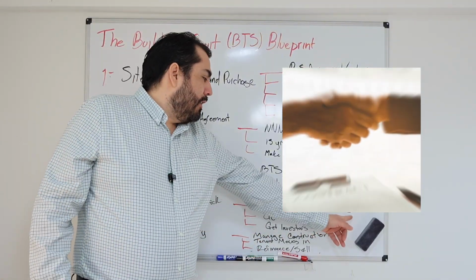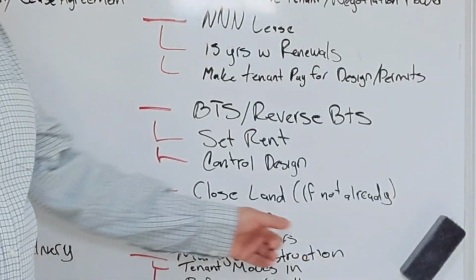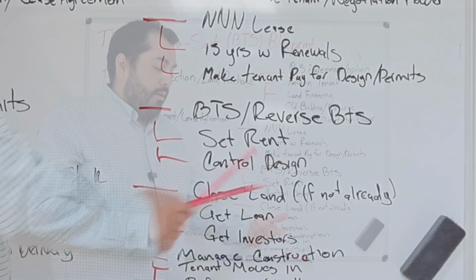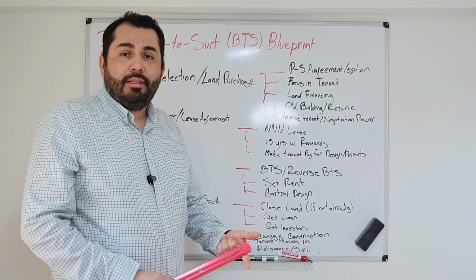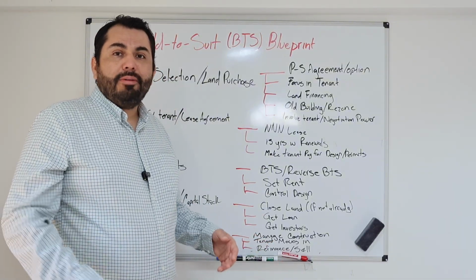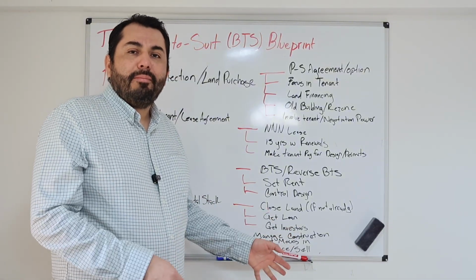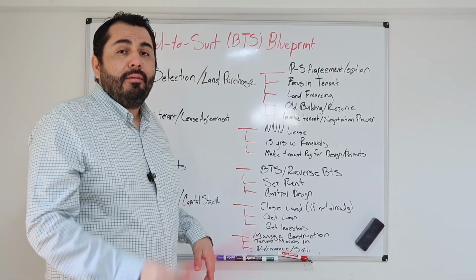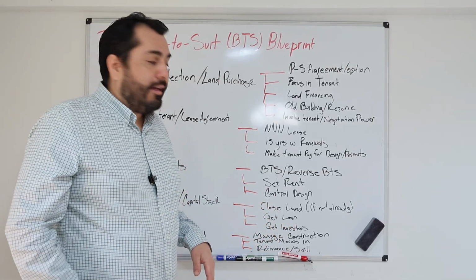So you close on the land. Then once you are the owner, you can go to the banks because you already have the project, the drawings, the permits, and even not all developers can offer this to the banks. You have the tenant now before you even put one brick on the site.